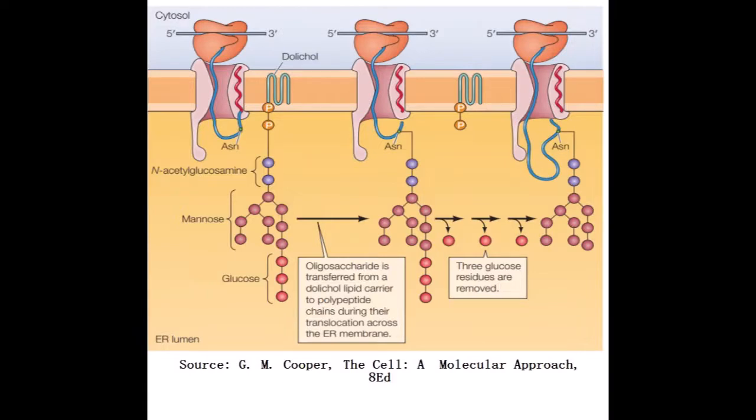The oligosaccharide is synthesized on a lipid carrier called dolichol, anchored in the endoplasmic reticulum membrane. It is then transferred as a unit to the acceptor asparagine. Further, 3 glucose residues are removed while the protein is still within the endoplasmic reticulum.